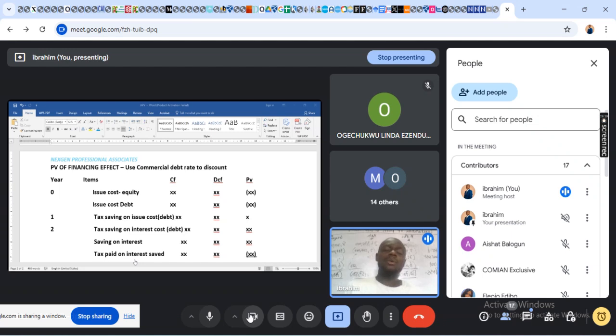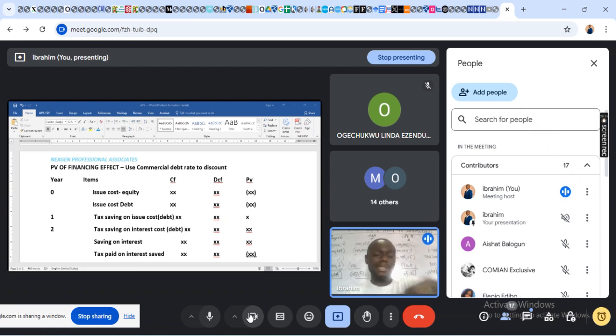Now, why do we have to put it in year one? Because it is assumed that in year zero you borrow funds. For you to have the tax savings, you've started using the funds. That is why tax savings on issue cost will always start in year one.